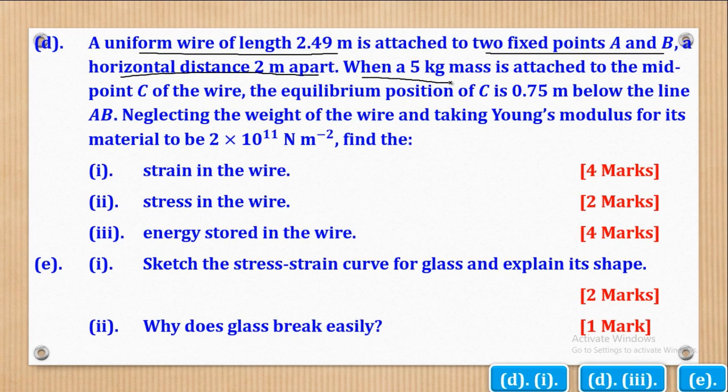When a 5 kg mass is attached to the midpoint C of the wire, the equilibrium position of C is 0.75 meters below the line AB. Neglecting the weight of the wire and taking Young's modulus for its material to be 2 exponent 11 newtons per meter squared, find Roman 1, the strain in the wire.